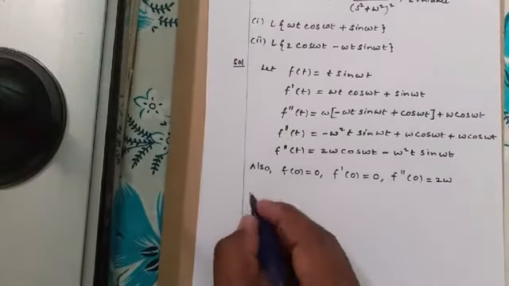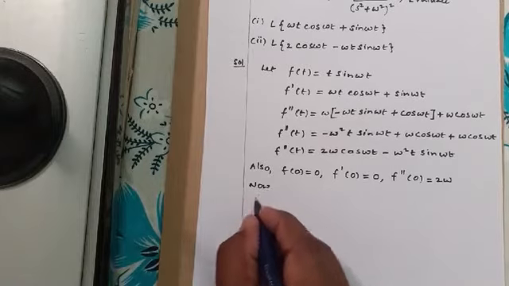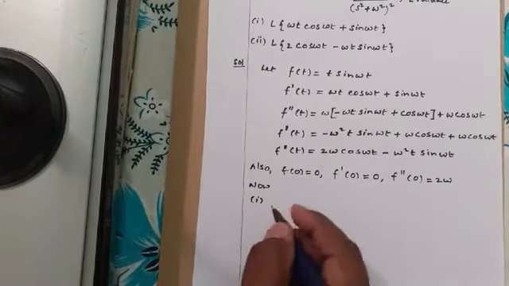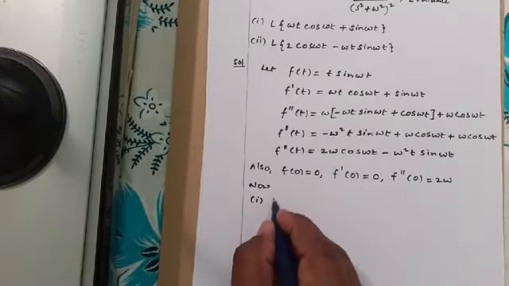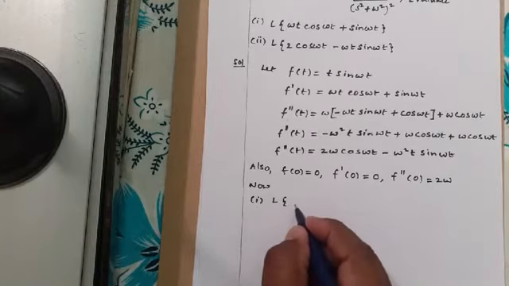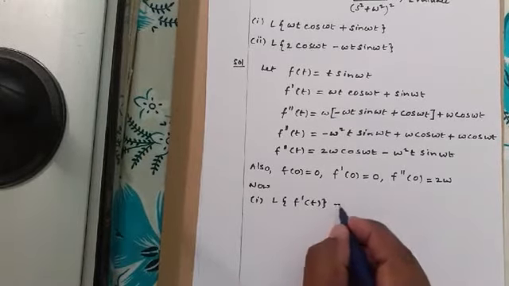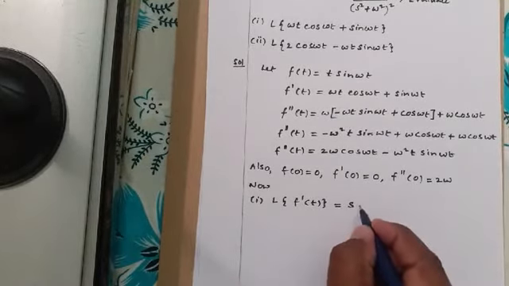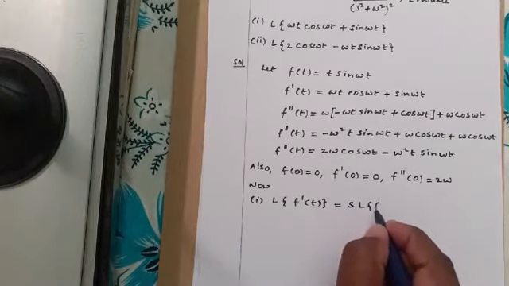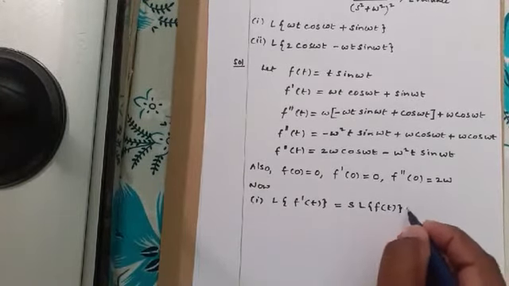Now we will take the first bit. The first bit is Laplace of f dash of t. We will prove it by taking Laplace of f dash of t equal to, you know the formula, s into Laplace of f of t minus f of 0.